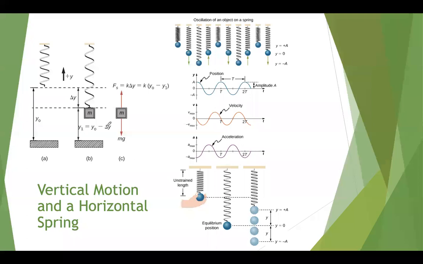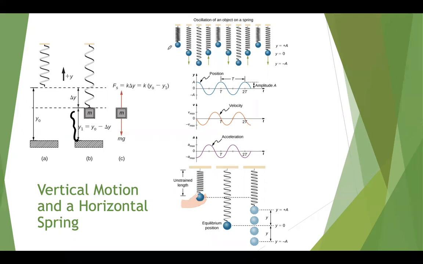And delta y is equal to y naught minus y1, where this right here is y1. So we've got how these relate. And we can also find the force on that spring, and that'll be equal to k delta y, where delta y is y naught minus y1.